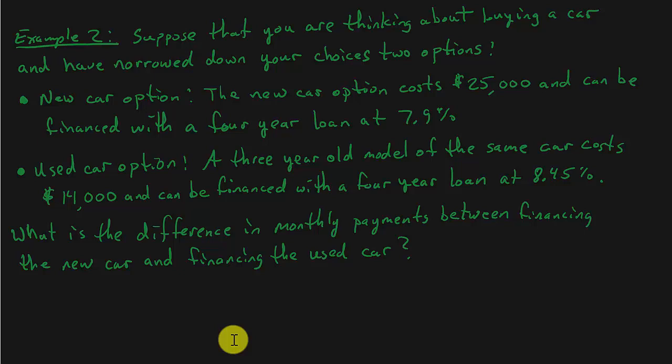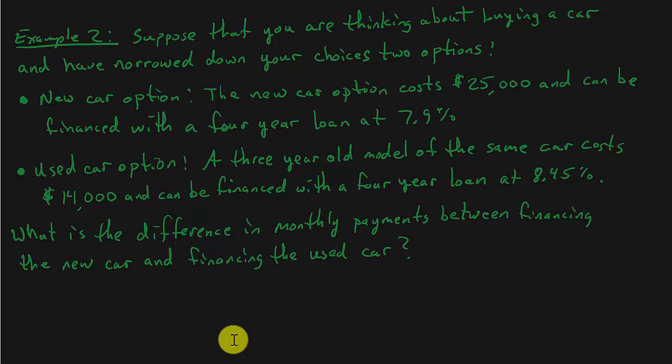It's a 3-year-old model of the same car, and it costs $14,000 and can be financed with a 4-year loan at 8.45%. What is the difference in monthly payments between financing the new car and financing the used car?